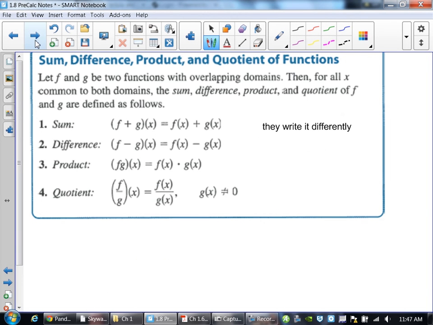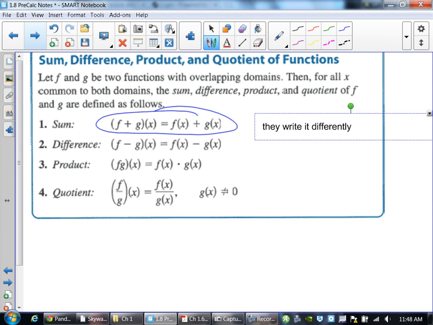They write it differently. Instead of f of x plus g of x, they write f plus g of x. This is in your book. I just want you to see that it means the exact same thing. What they're doing here is they just write it differently.